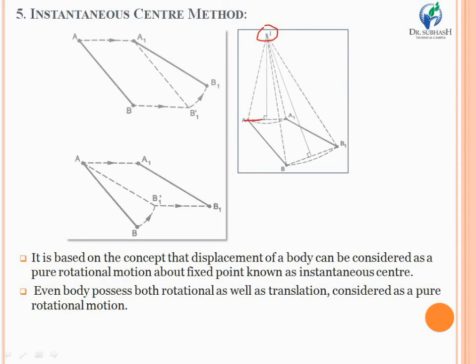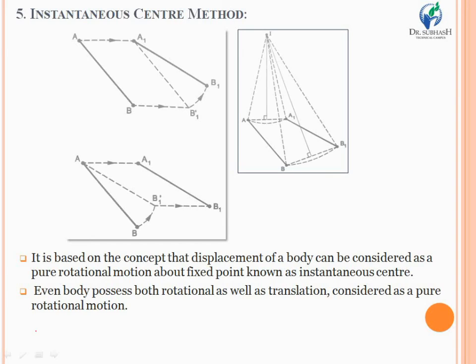So you have to draw perpendicular lines to the chord AA1 and the chord BB1. Whatever intersecting point you get will be nothing other than the instantaneous center. So we can conclude that the displacement of any rigid link having motion in a plane can be assumed as a pure rotational motion about some particular fixed point, and that point is known as the instantaneous center or center of rotation.